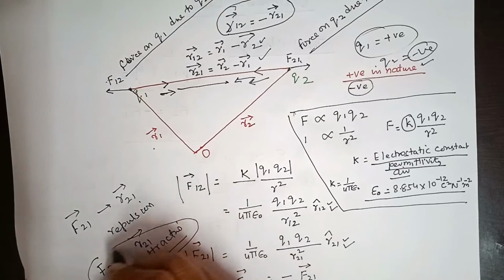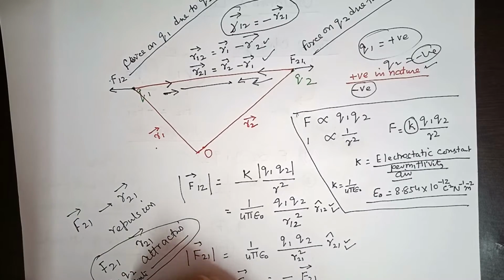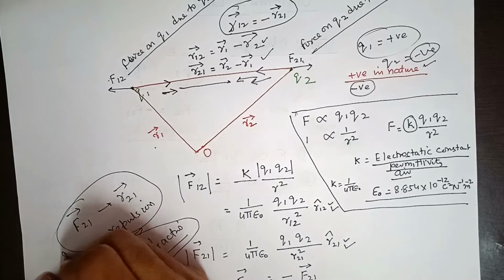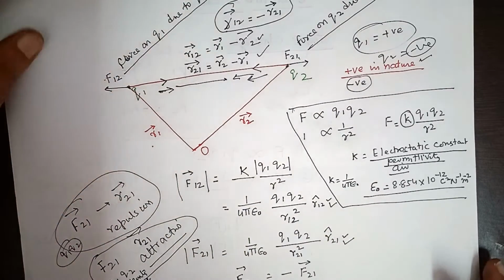In this way, Q1 and Q2 are having opposite charges, and in this case Q1 and Q2 are having the same type of charge.